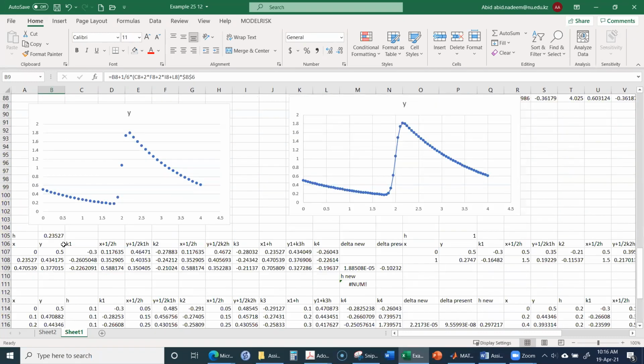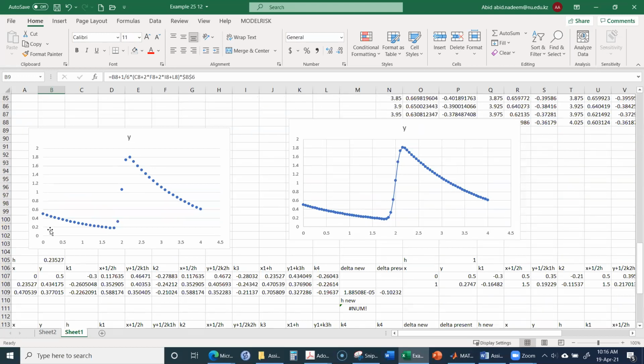If we plot these values, we get this type of plot.